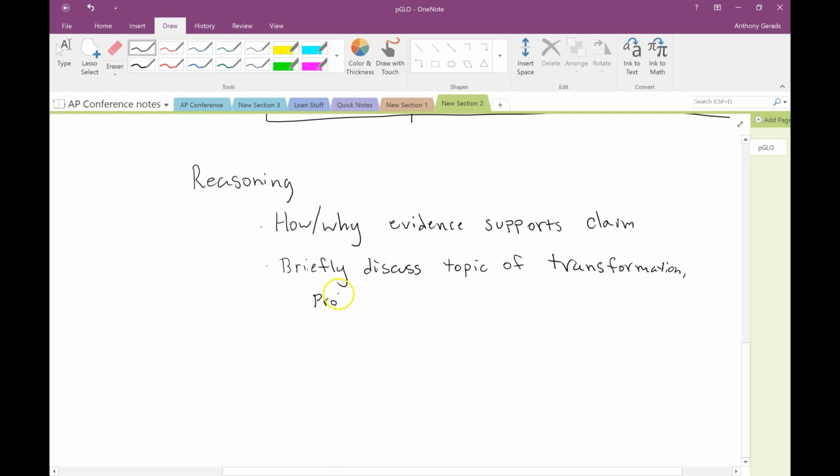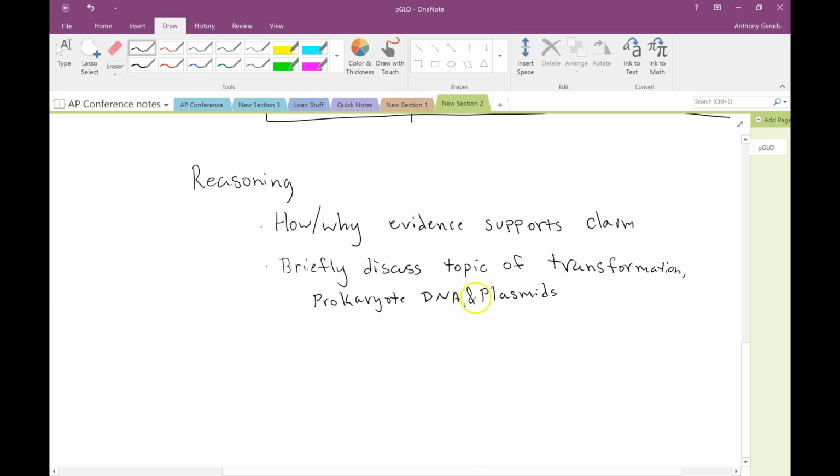Prokaryote, DNA, plasmid, and I'm trying to think of anything else. Anything else I'm missing? Nope, those are good.